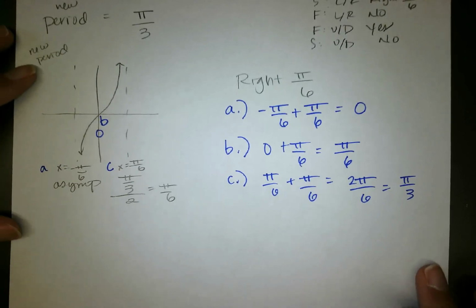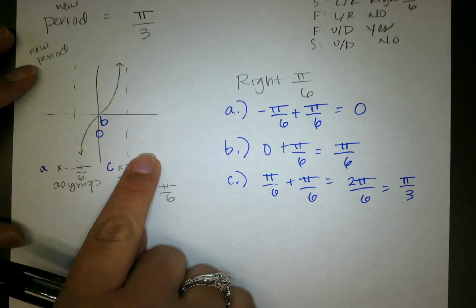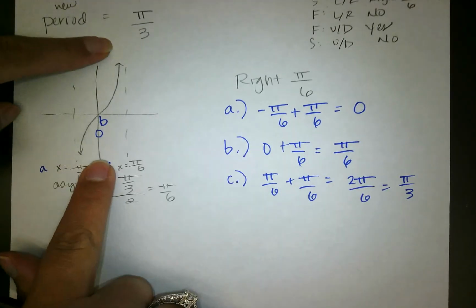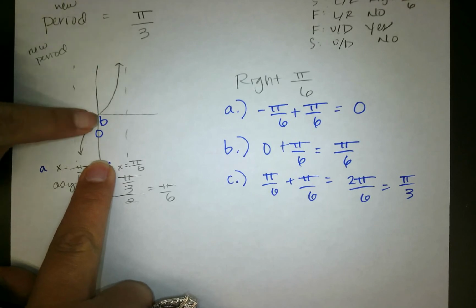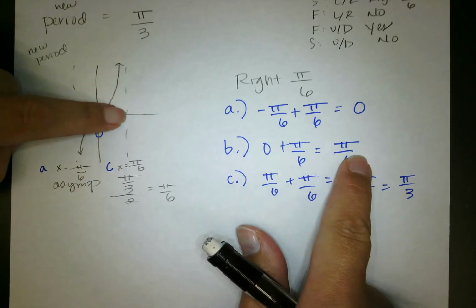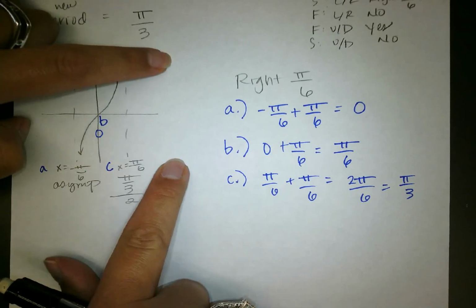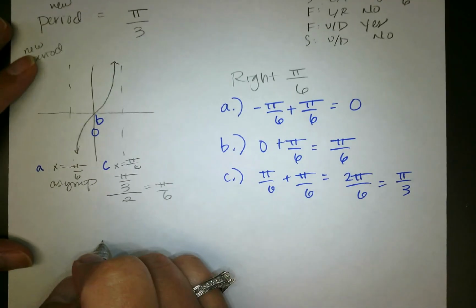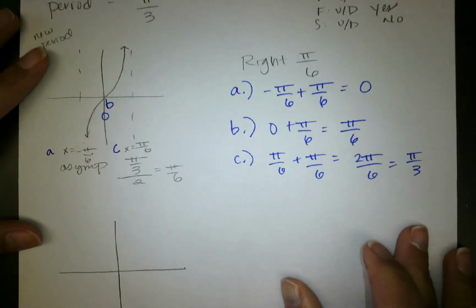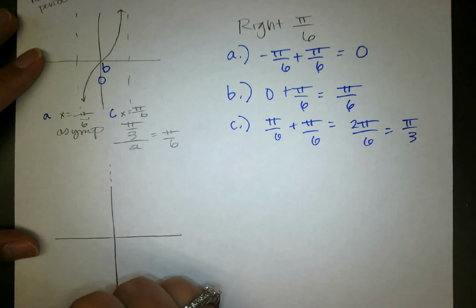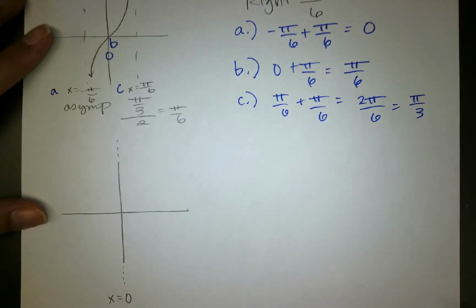Alright, so here we go. Let's shift this guy. So this guy is going to get shifted to the right. So A is going to become 0. So this new asymptote is going to shift over and become 0. The middle point is going to shift over and become pi over 6. And this side of the graph is going to shift over and become pi over 3. So that's what's going on. So at x equals 0, you're going to label your asymptotes.